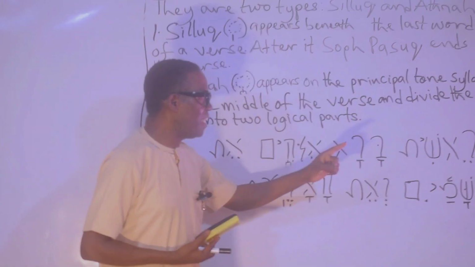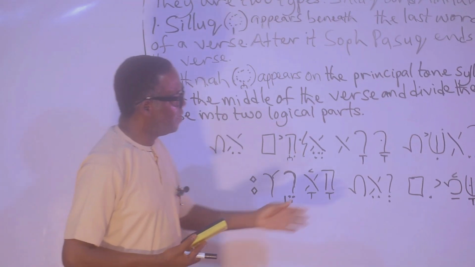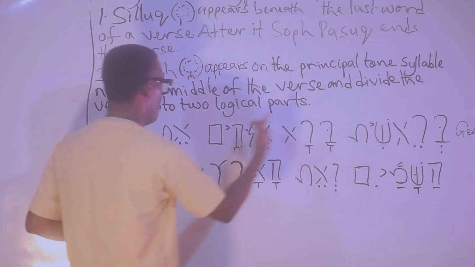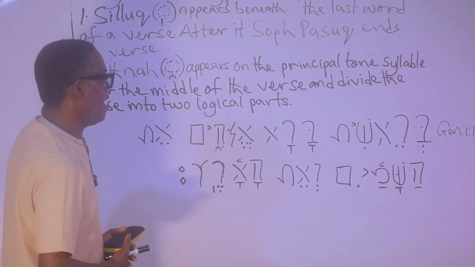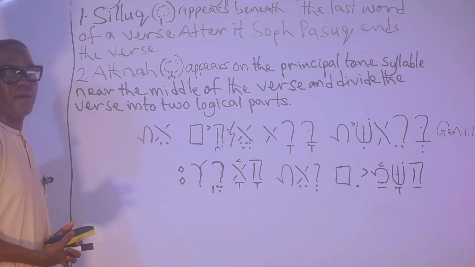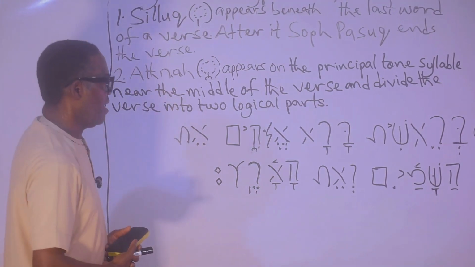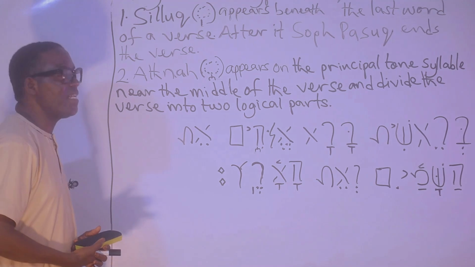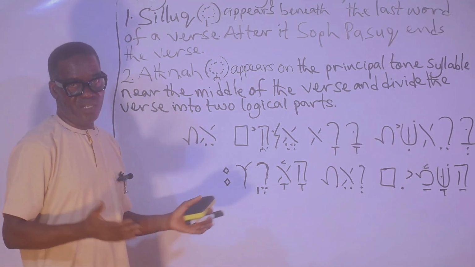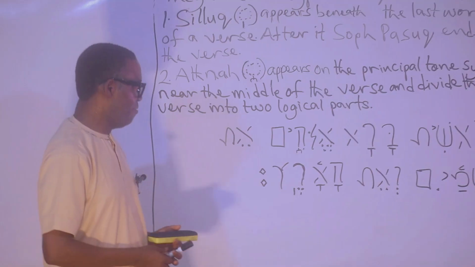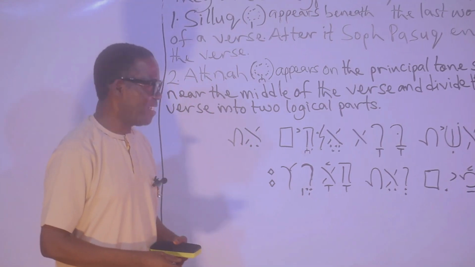The verse begins from here because Hebrew is written from right to left. Here we have Bereshit, Bara, Elohim, Et, Hashamayim, ve'et ha'aretz. In English, which means in the beginning, God created the heavens and the earth.